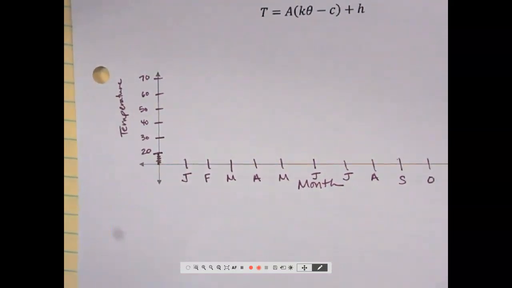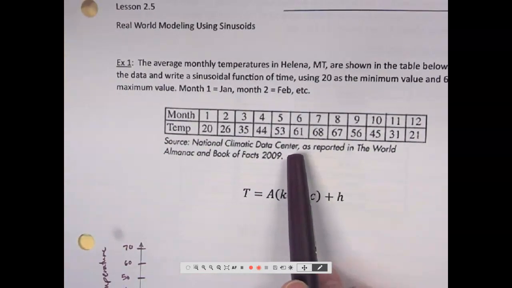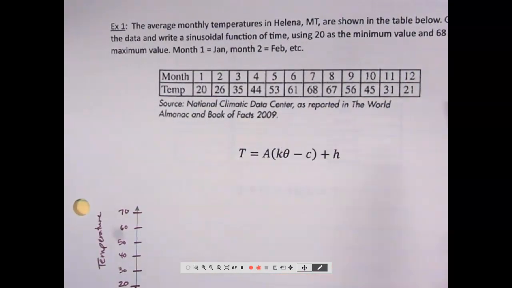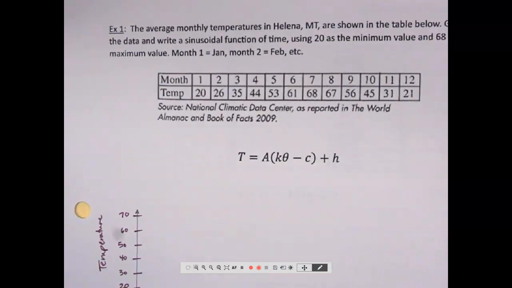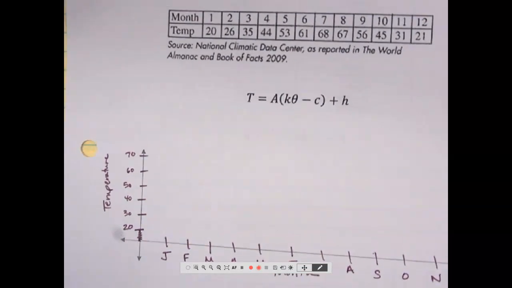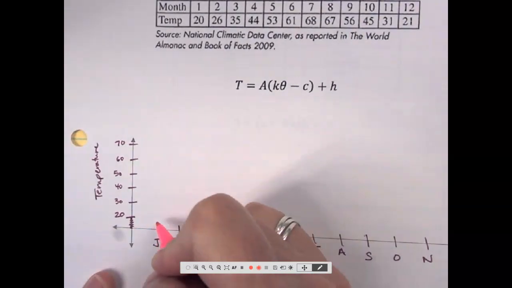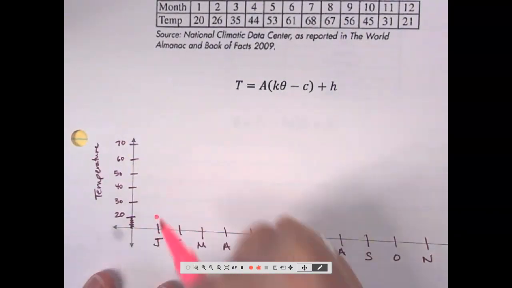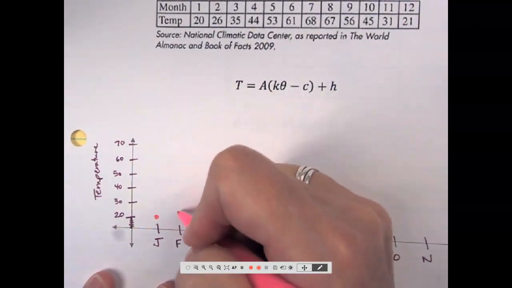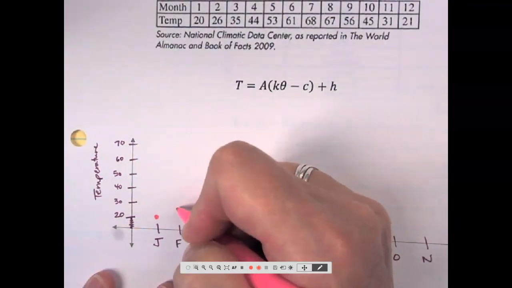Okay, so what I'm going to do next is take these values in the table and just plot them. Now, of course, I'm going to be guessing on some of these, but as well as you can, let's plot them. 1, 20. 2, 26, so 2 is February, of course.